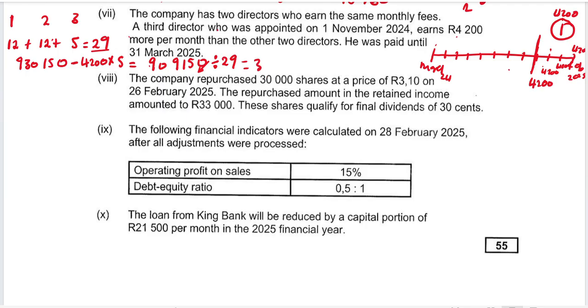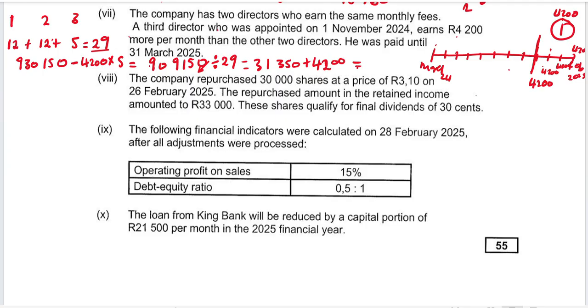We get 31,350. So since we equalize the amount and each one is getting 31,350, we add the 4,200 back, because we deducted it at first.